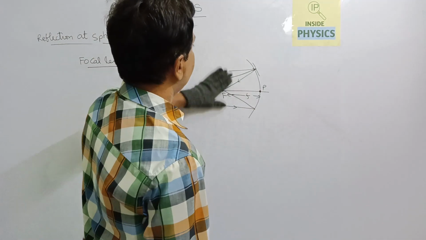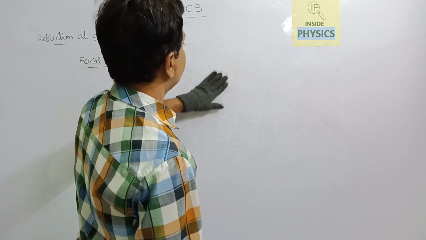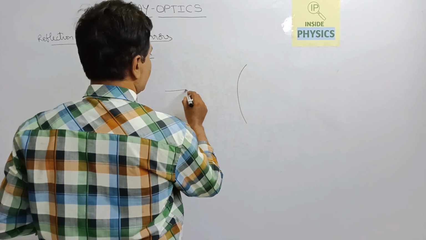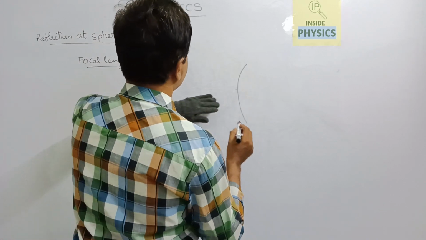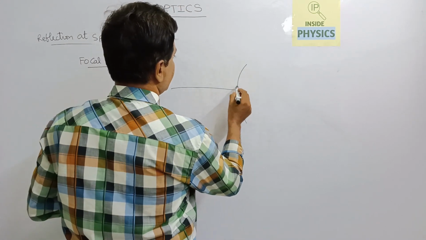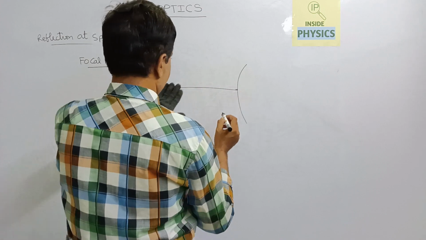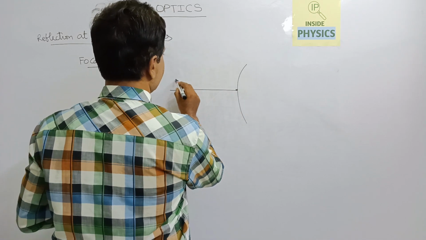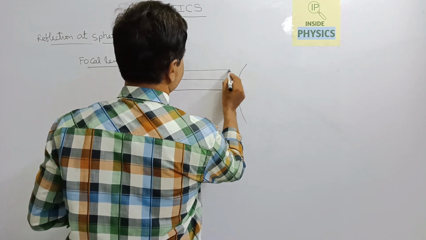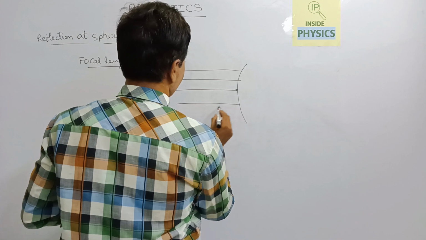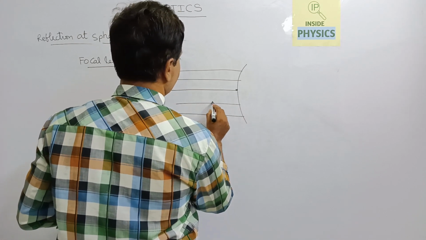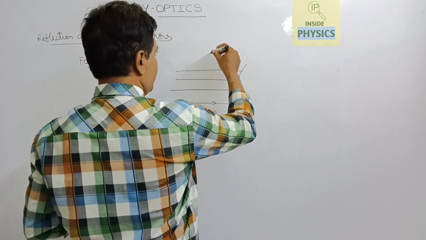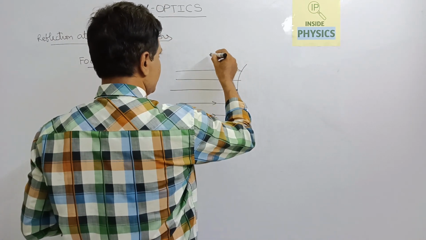And in case of a convex mirror, see how the focus will be, we will see with a diagram. If this is the principal axis and some light rays are coming and incident on a convex mirror, okay, this is the principal axis, this is the pole, they will be reflected back like this.